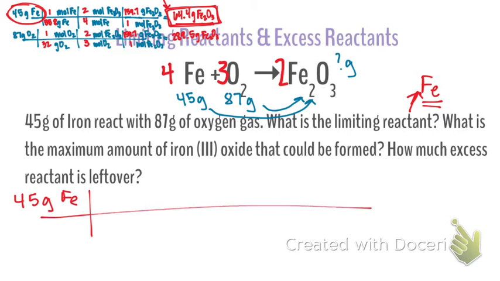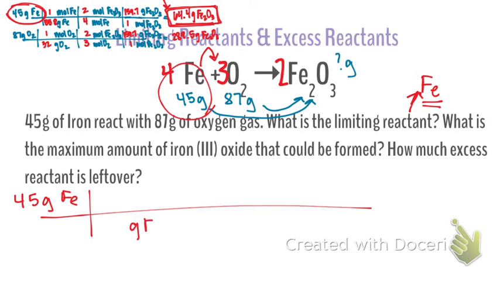We need to do a conversion to say, if we use 45 grams of iron, how many grams of oxygen gas are we using up? So we do a conversion from 45 grams of iron to grams of oxygen to say, how many grams of oxygen would we use if we used up all 45 grams of iron?